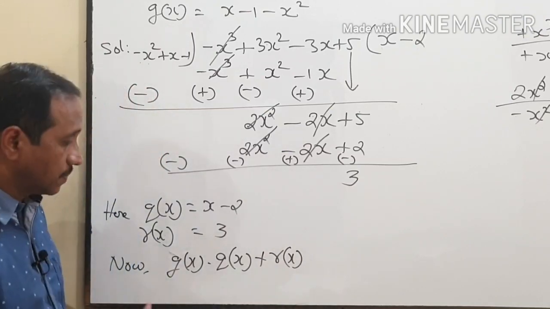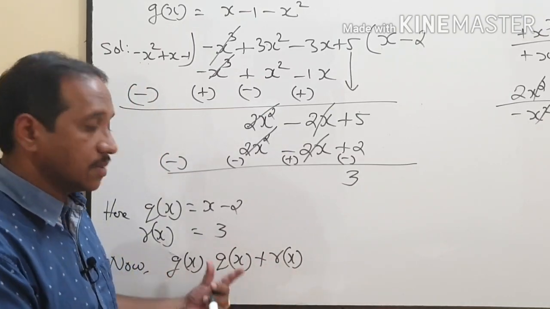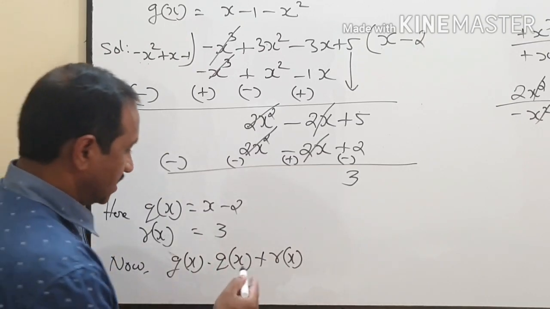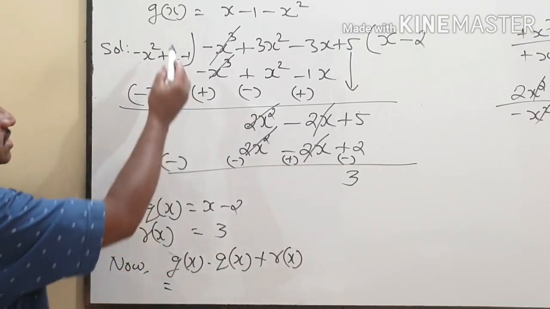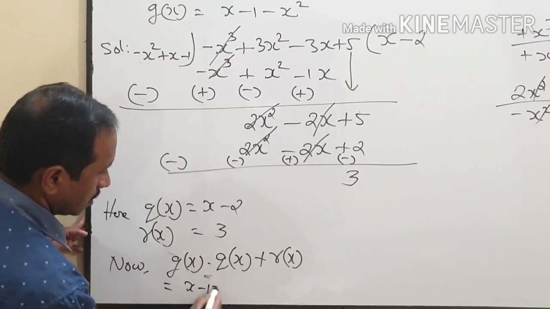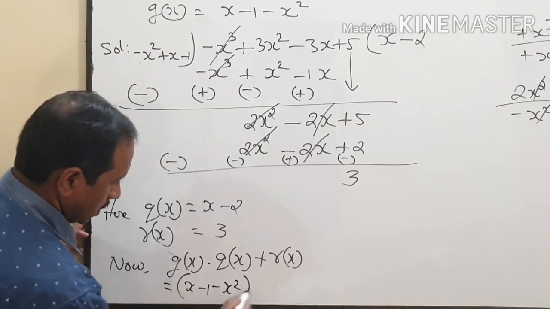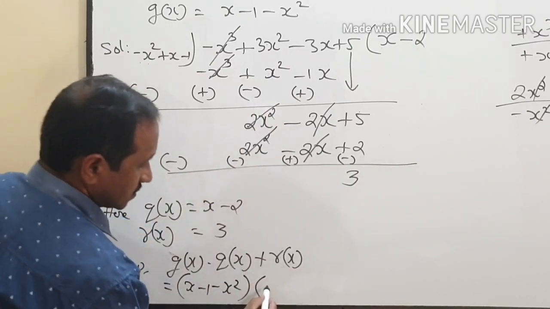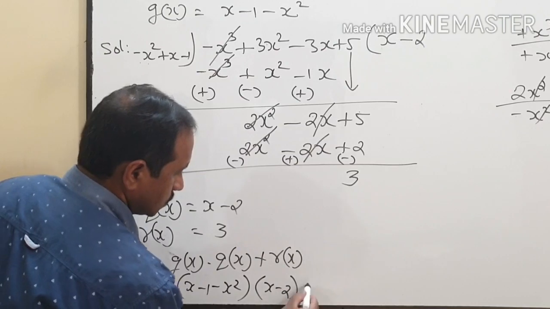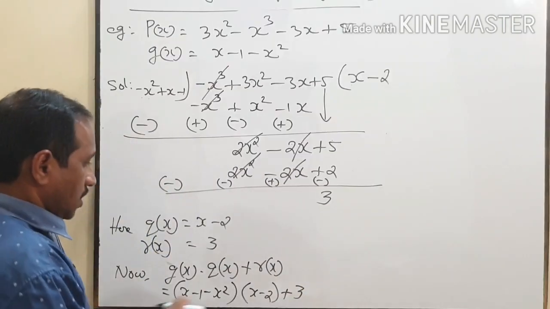We are going to multiply g of x and q of x, then we add the remainder polynomial r of x. What is g of x? That is x minus 1 minus x square into, what is q of x? x minus 2, plus r of x is 3.